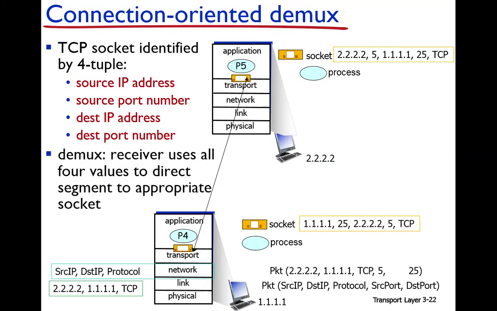However, in TCP, the transport layer examines the four things. So this socket can receive data from only one socket, not from many other sockets. So this is one difference. In demultiplexing, the receiver uses all four values to direct the segment to the appropriate socket. This is how demultiplexing in TCP differs from demultiplexing in UDP.